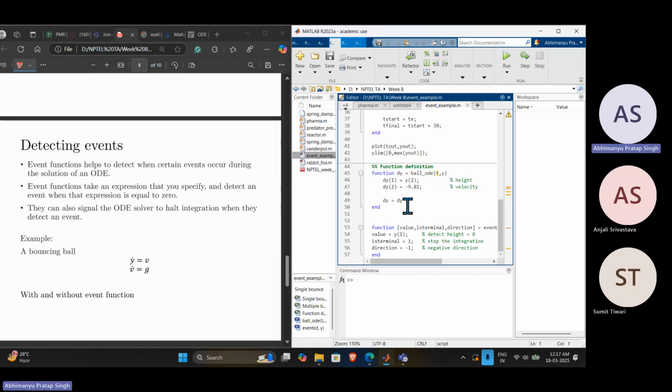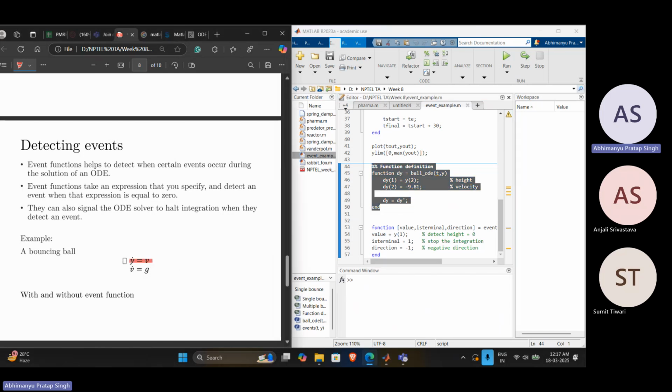Yeah, so this is the function. This is my function definition of these two equations. So y dot is equal to v. This is the equation for the height, or the depth of the ball, and this is the velocity of the ball. Right, so this is what it is over here.